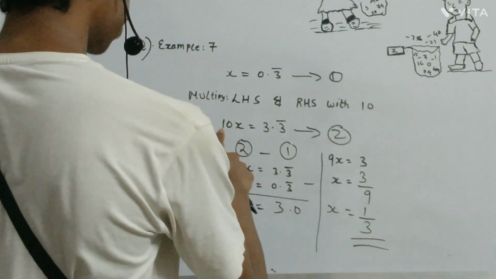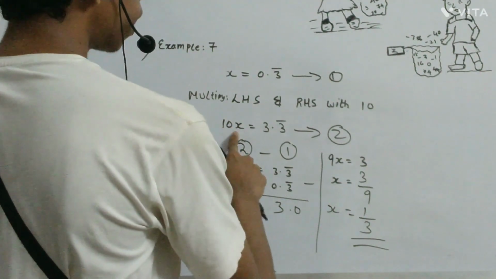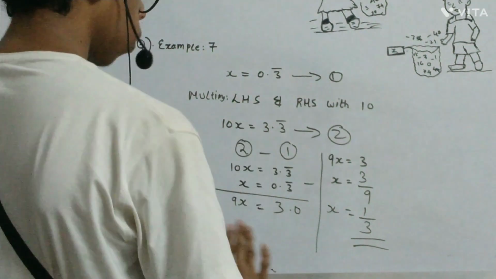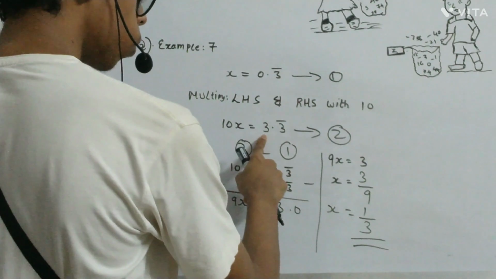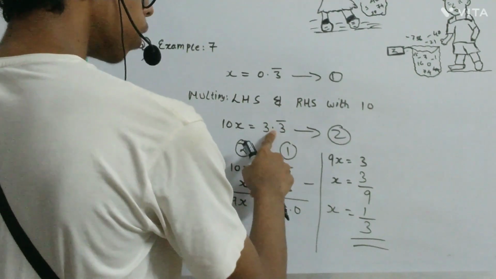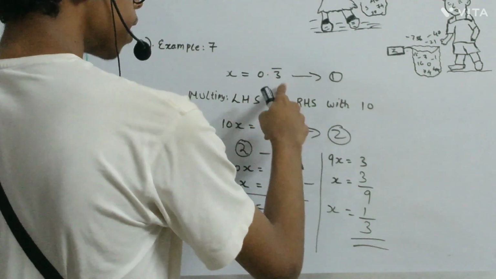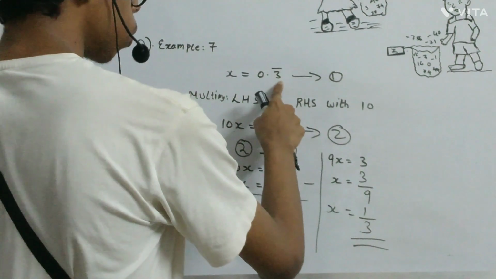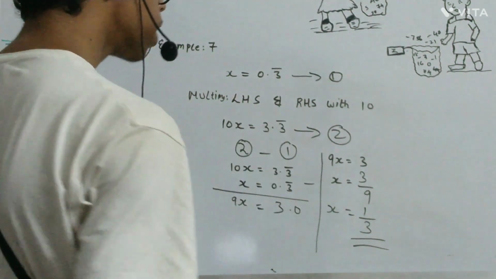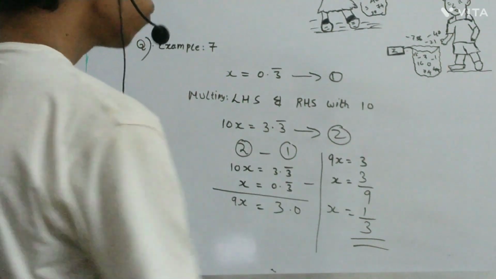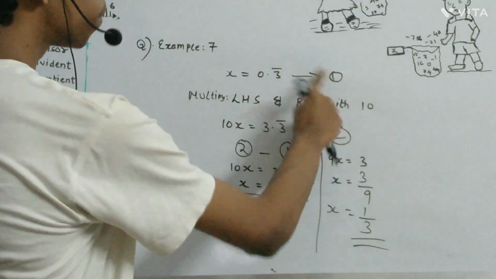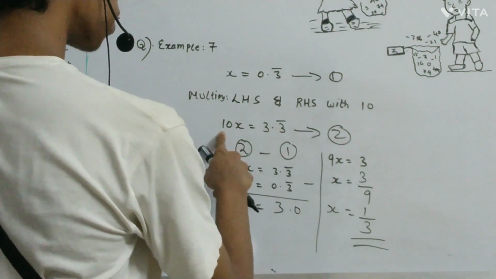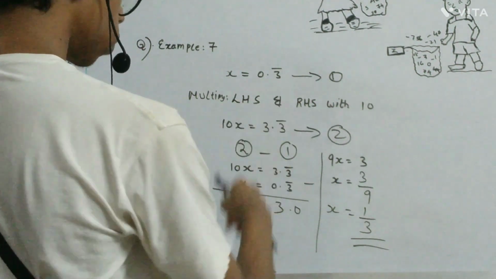So yes, when I multiply, I got 10x is equal to 3. I have to put a point over there and we see that the bar symbol is present on this 3. Just copy that down as it is over here. Now we have to do bigger number minus smaller number. The bigger number is 10x is equal to this and x is equal to that.